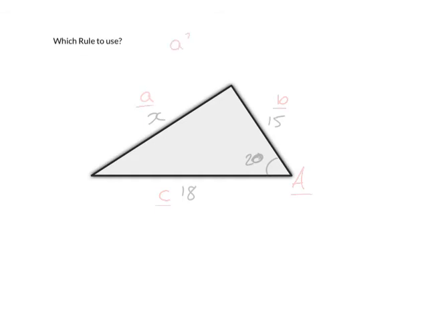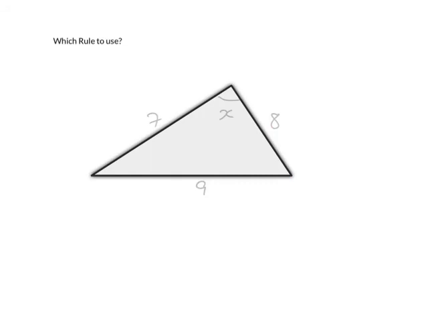But we now can see that we have lowercase a, lowercase b, and lowercase c, and capital A. Now all of those appear in the cosine rule. So if we plugged all of those numbers in, we would get an equation with one unknown in, and we'd be able to solve it and find out what x is. So this is a cosine rule problem because of the number of sides and angles matching up to the formula that you're using.